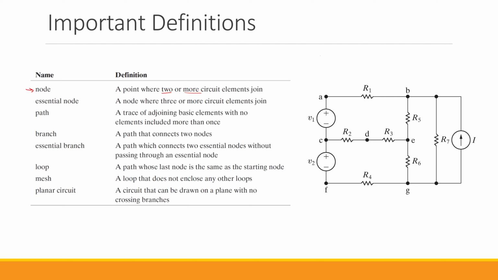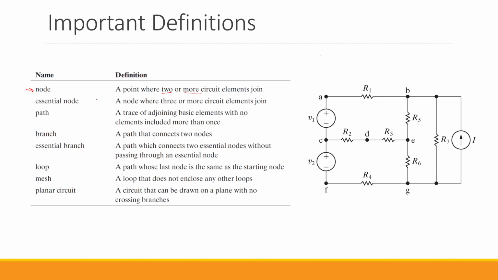Because the concept of nodes is, I would say, too generic, it is good to define more specialized nodes that can help us reduce the number of equations that we need to solve when we want to solve this circuit.